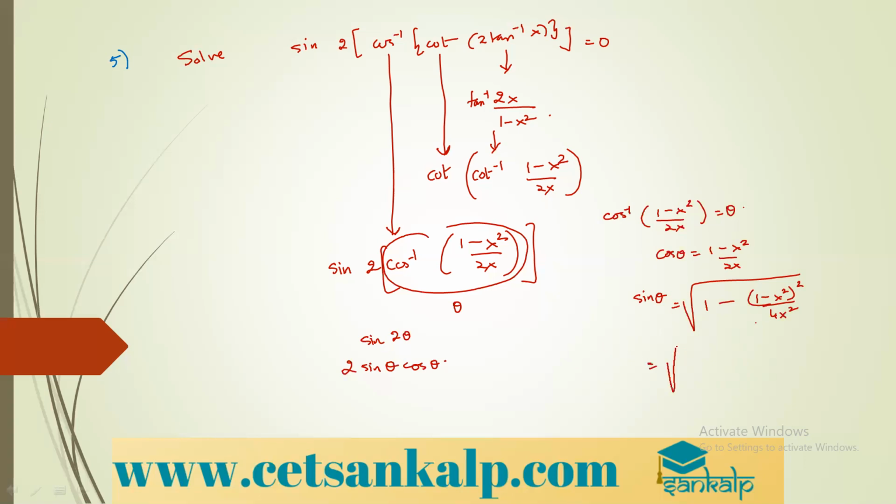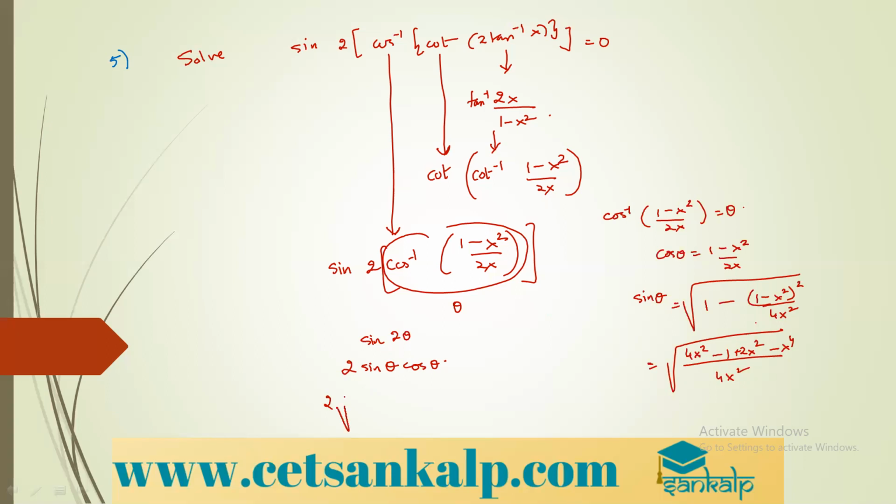Or sine theta can be simplified as 4x square minus 1 plus 2x square minus x power 4 by 4x square, as I have written earlier. So now I will write 2.